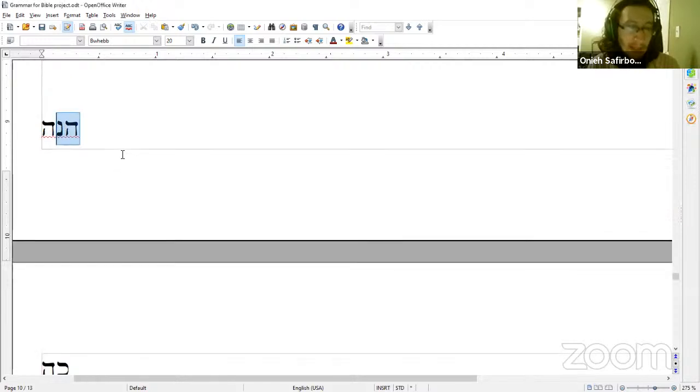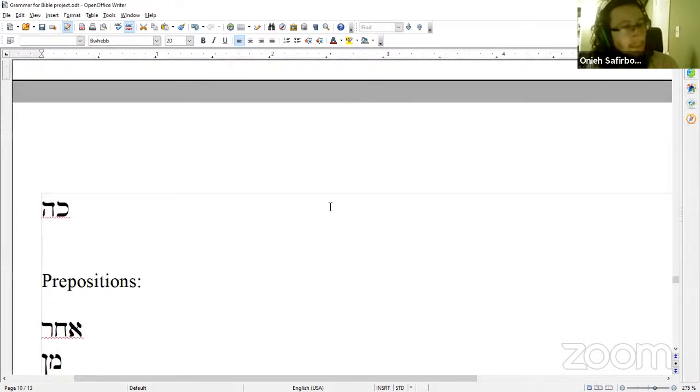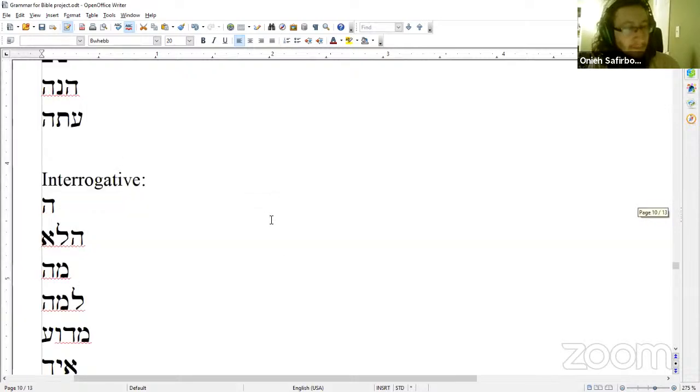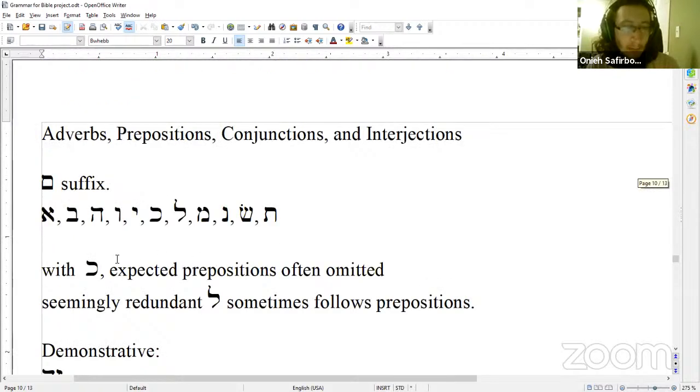Hey nun hey means "behold." And then with kaf, the explicit prepositions are often omitted, it says. So let's say "as to," laman might be omitted, or "as in" might be omitted.